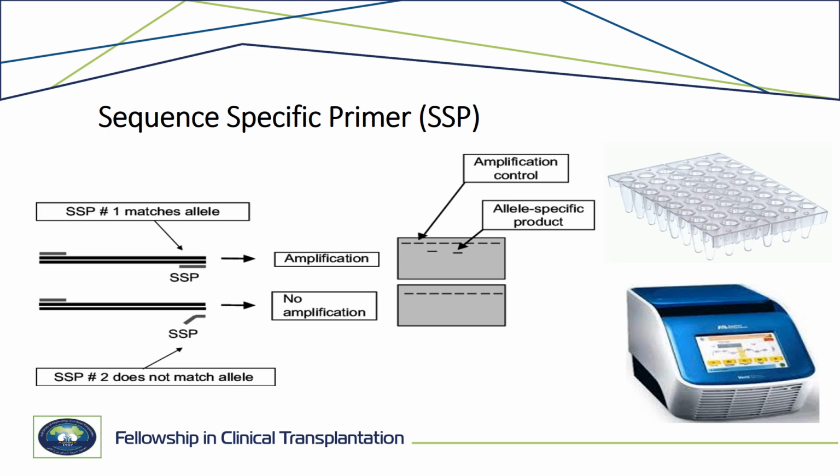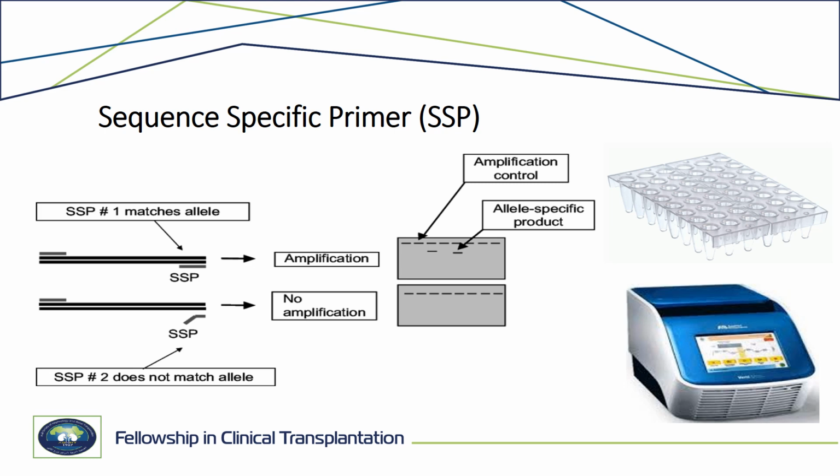Now the next test that we do, we now identify that this patient is A02 or A03. So we can now bring a tray, as you can see here on the right side of the slide. This tray is only specific for A02, so it doesn't detect any other alleles, only A02.